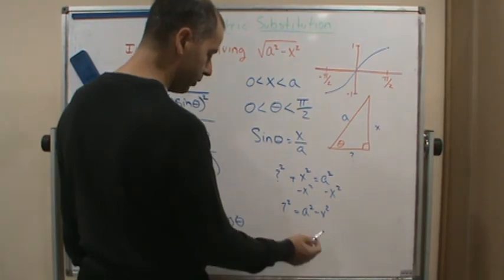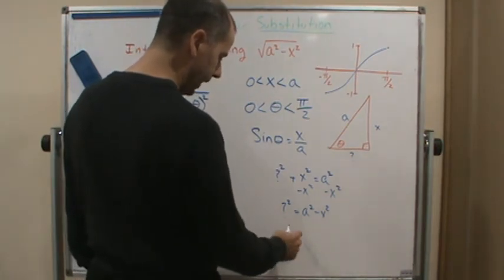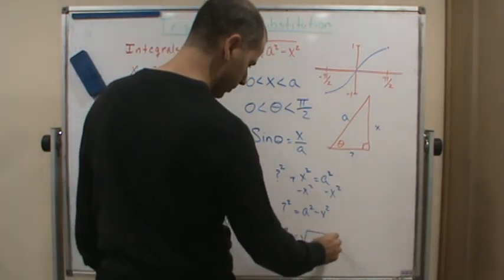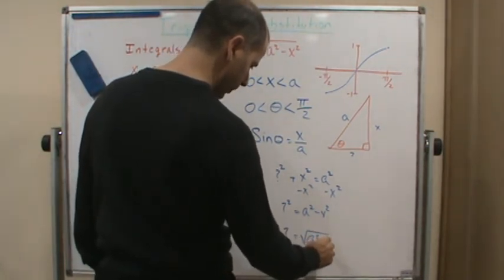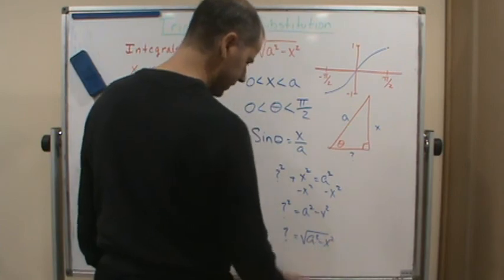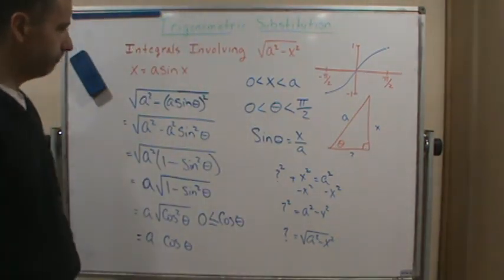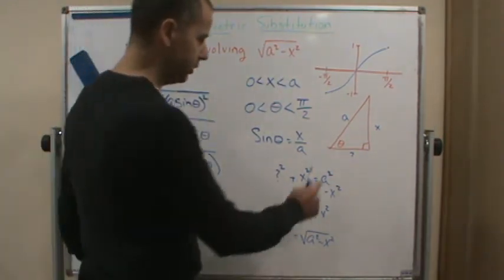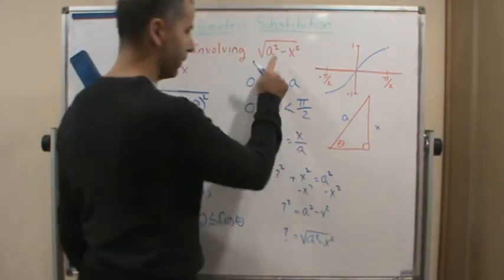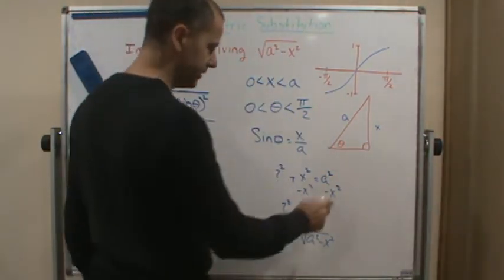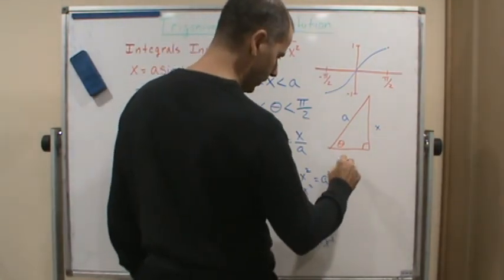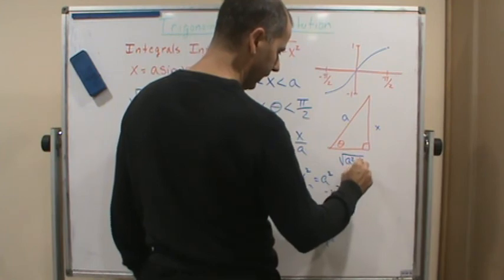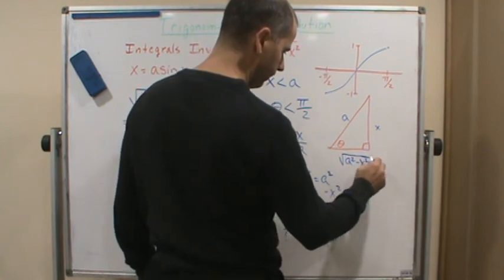And if we take the square root of both sides, we get our question mark equals the square root of a squared minus x squared, which is exactly what we have here. So our expression becomes one of the sides of our right triangle.